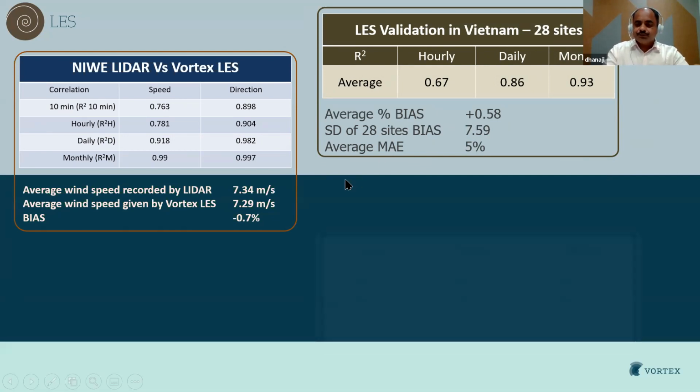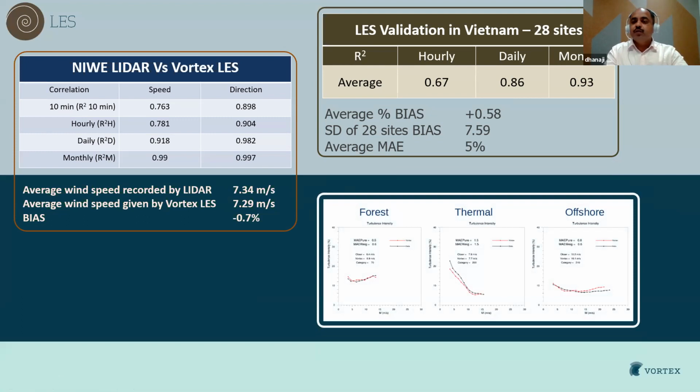And then, as we are talking, turbulence is another important wind metric, which is an output of LES. So we tried to validate turbulence in different terrains: in forest, in thermally affected sites, even in offshore locations.